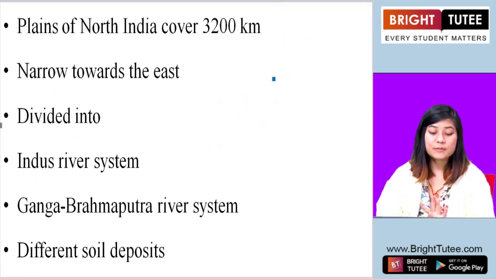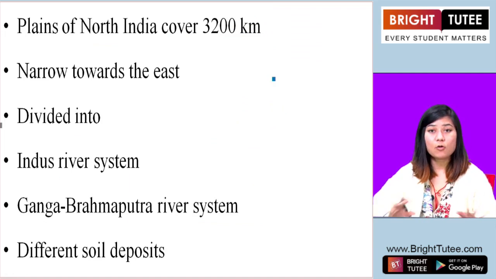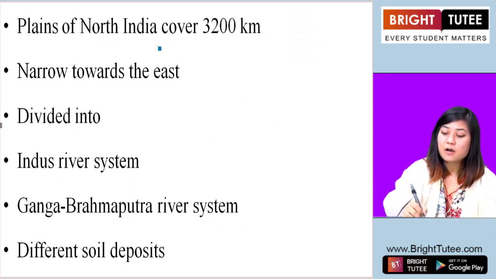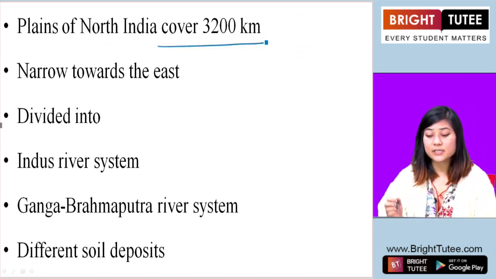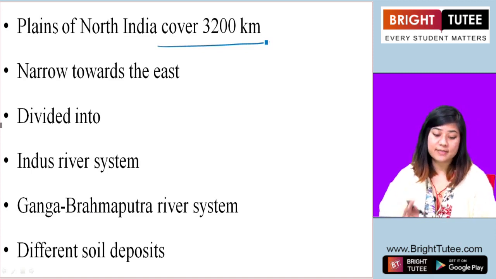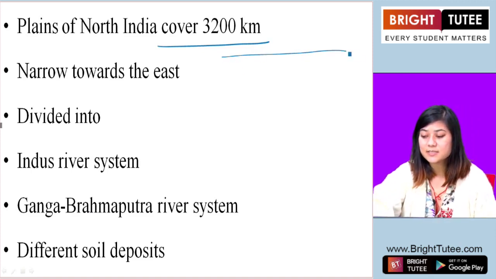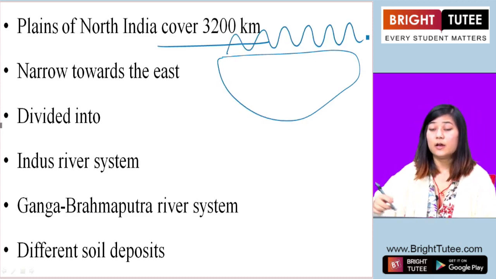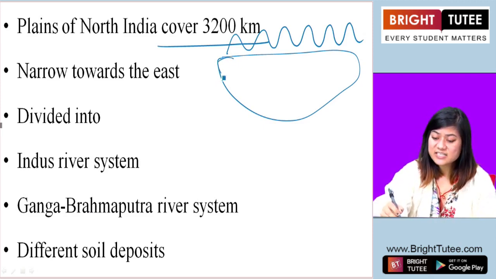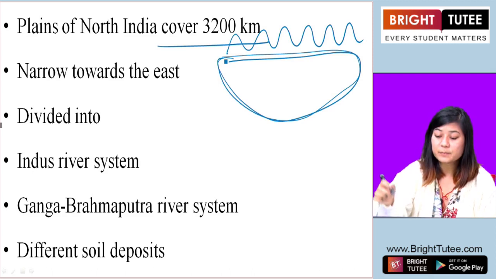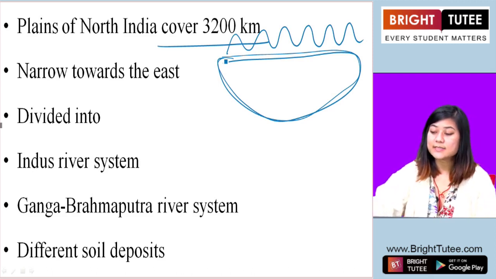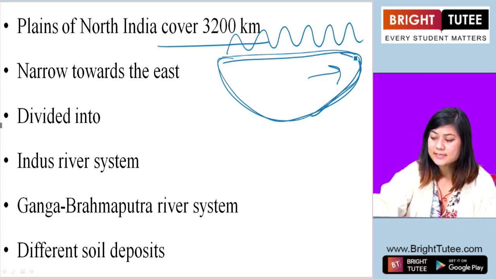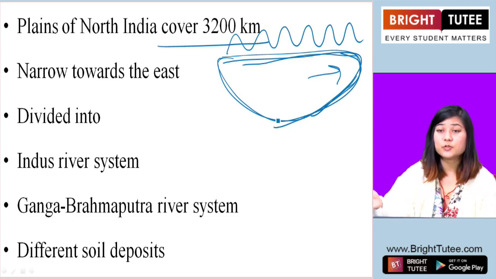Okay. Now the plains of North India is also a vast region, and it covers 3,200 kilometers. That's the area that it covers. Now it's a vast area, right? Here are the northern Great Himalayas. If you go towards the east, this area of the plains gets narrower, and it gets broader if you come towards the center.